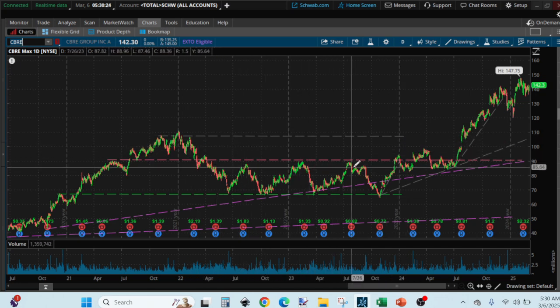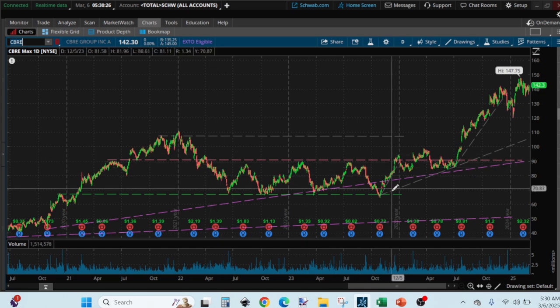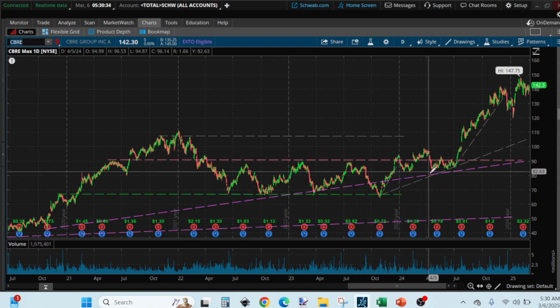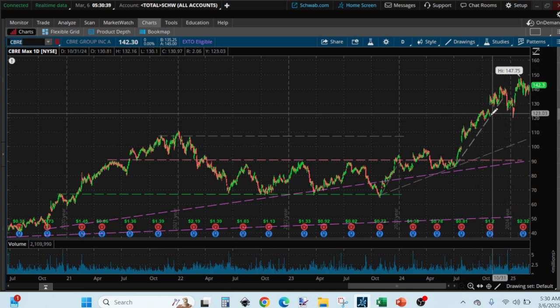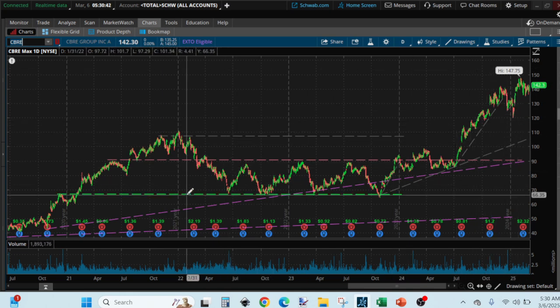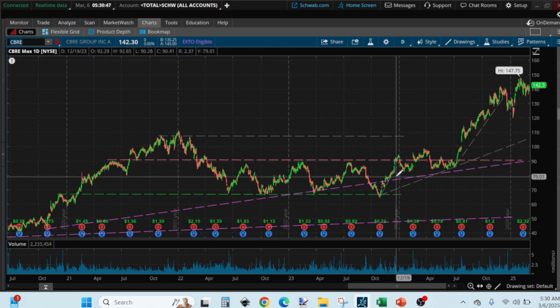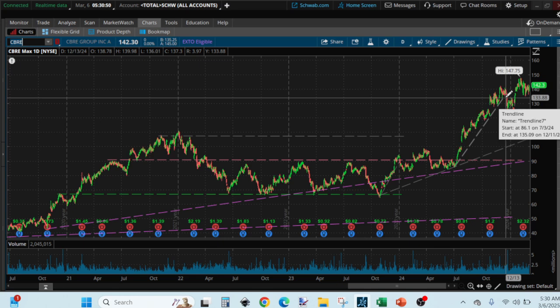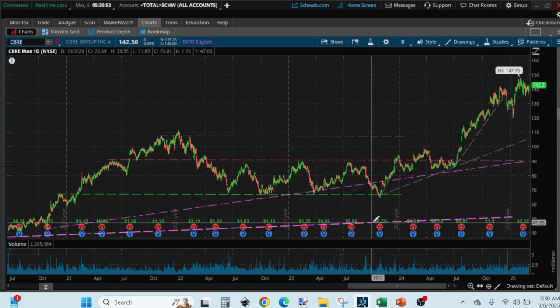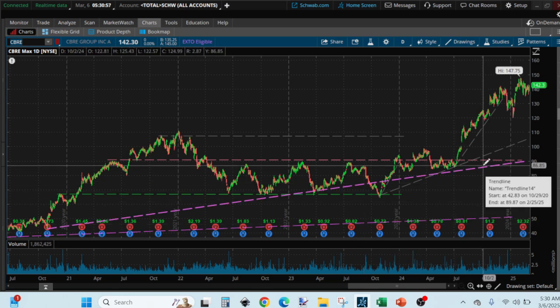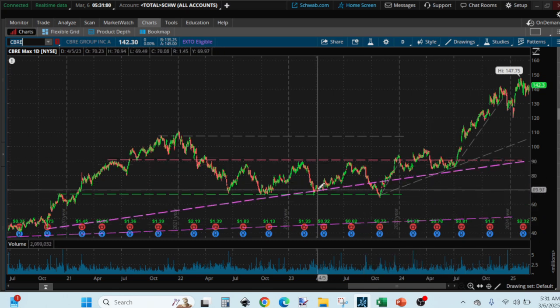So pretty much almost 1.5 years or so, it went sideways and then went up, and then went up again to create another high here. So I don't know if that's a pattern for it. When it reaches a new high, it will pull back to consolidate for a while and then go up again. I'm not sure, because it has not touched this lower trend line for a while and touched this one a couple times.